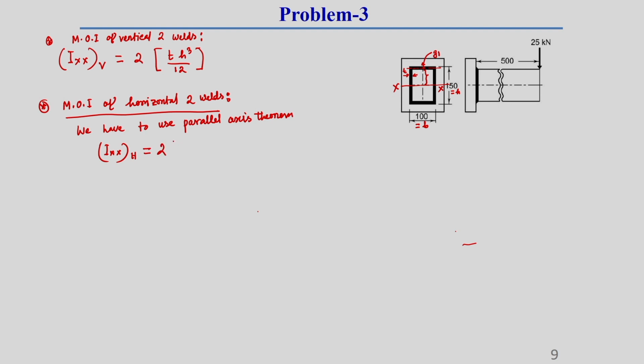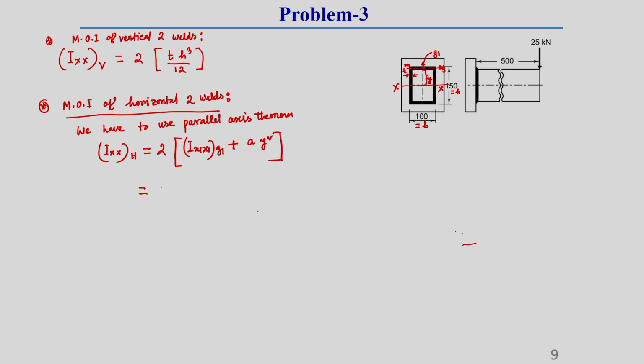So, 2 into the moment of inertia about its own axis, let this be your x1 axis, so I x1 or g1 axis, plus area of that weld A into the perpendicular distance between this x axis and this x1 axis. Let this distance be y, so y square.